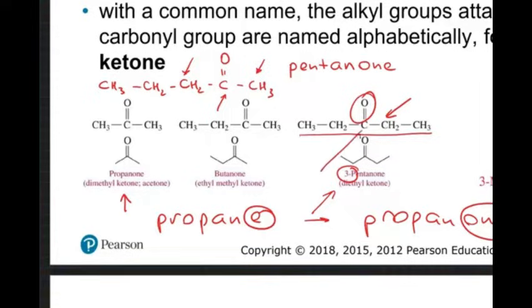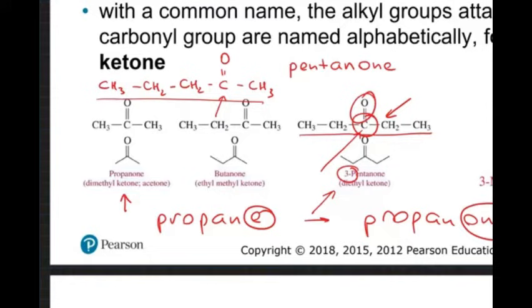So for this one, obviously, this central carbon is going to be number 3, no matter how you count. What should be the name of that molecule then? What number should we give to this carbon? No, we don't.